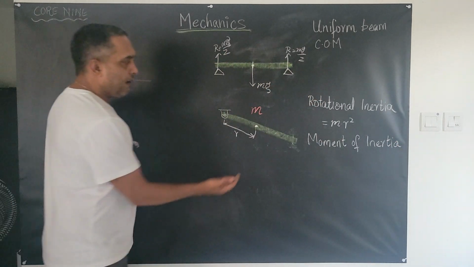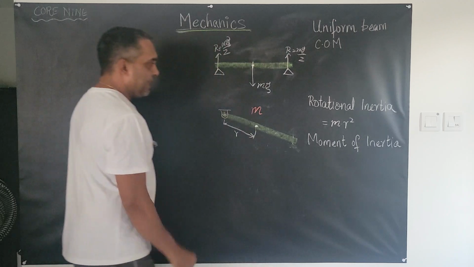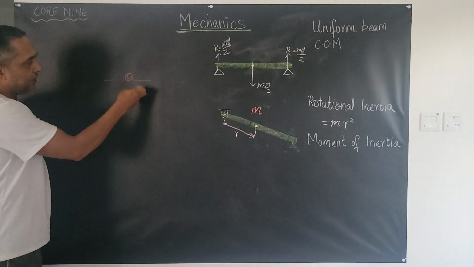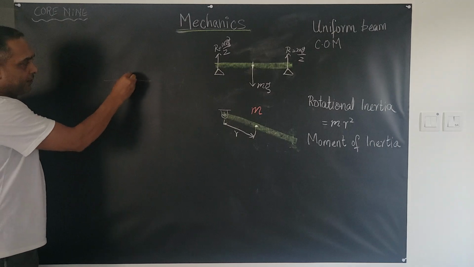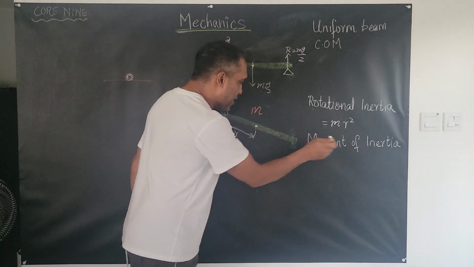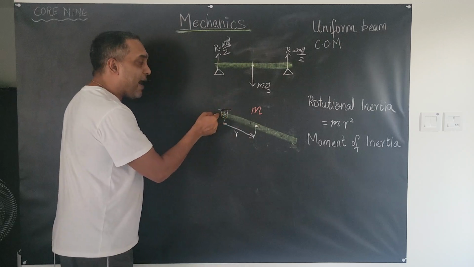And why moment of inertia? Because it's about a particular point. This reflects the object's moment of inertia, meaning its rotation about a particular point.